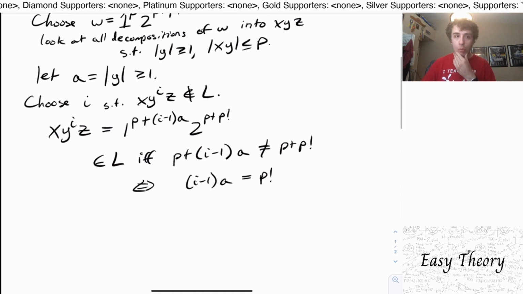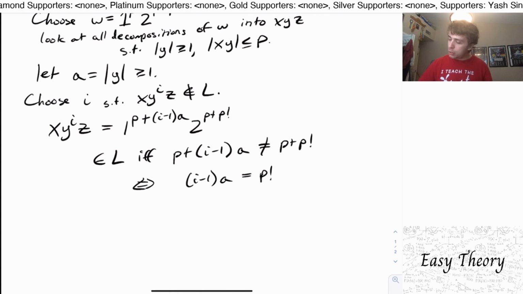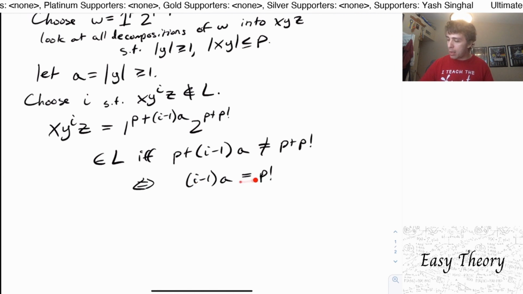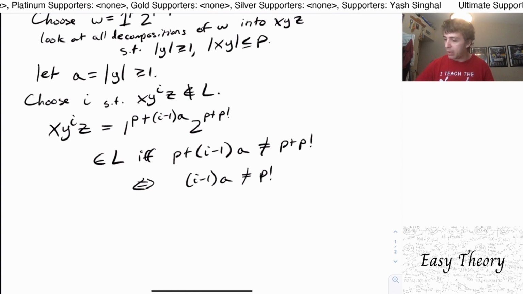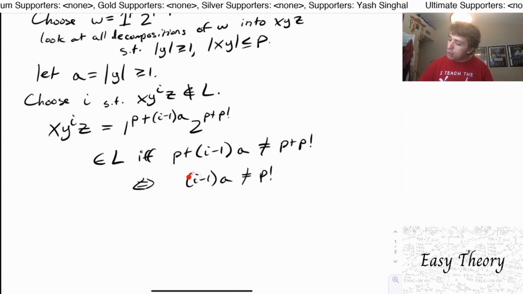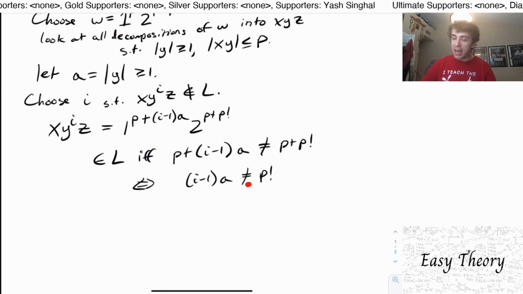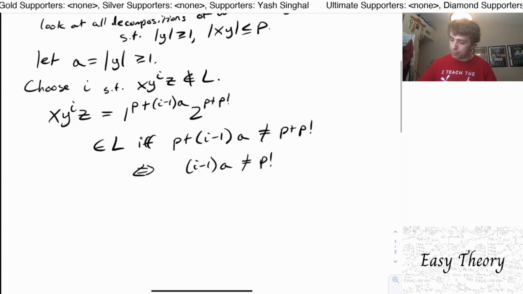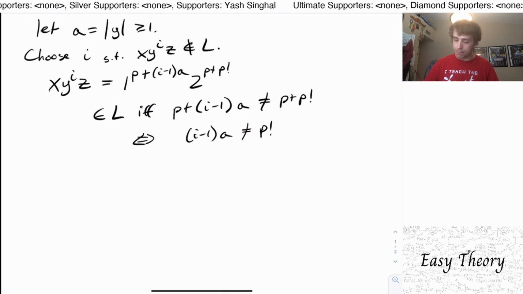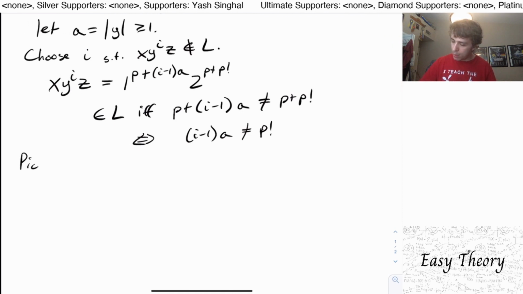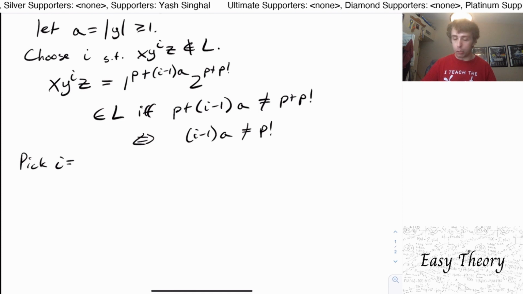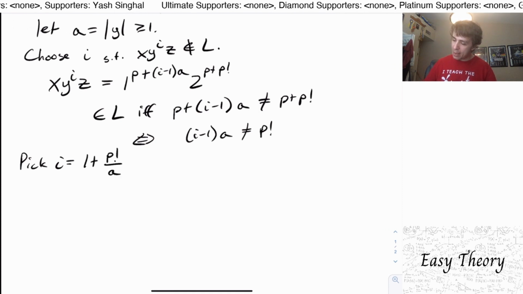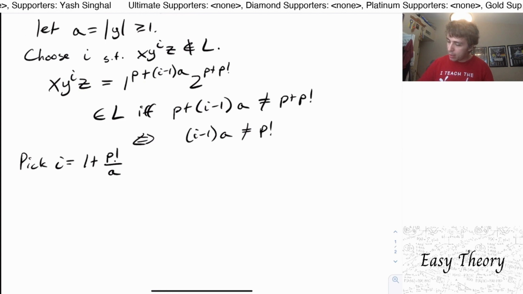So what can we do? Is there a value of I that I can pick that will have this be equal to P factorial? So it turns out we can. Let's pick I to be equal to 1 plus P factorial over A. So let's actually look at what happens.